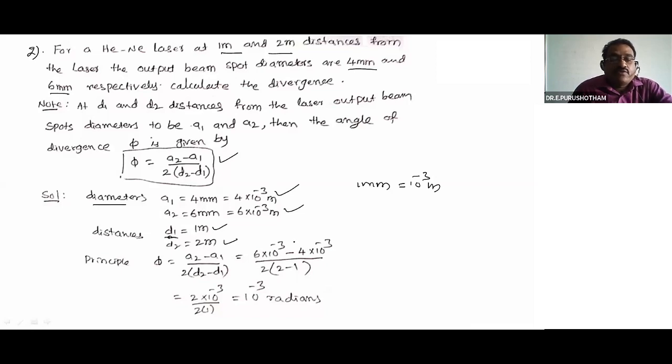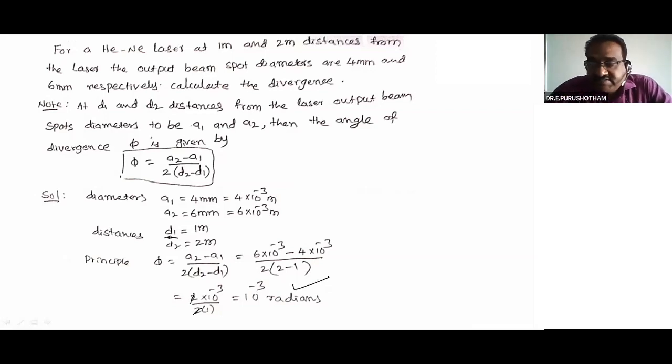So 6 into 10 to the power minus 3 minus 4 into 10 to the power minus 3 by 2 into 2 minus 1. So this is 2 into 10 to the power minus 3 by 2 into 2 minus 1. 2 and 2 get cancelled. 10 to the power minus 3 radians.